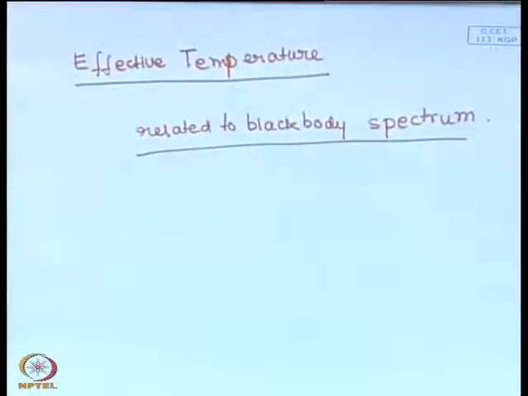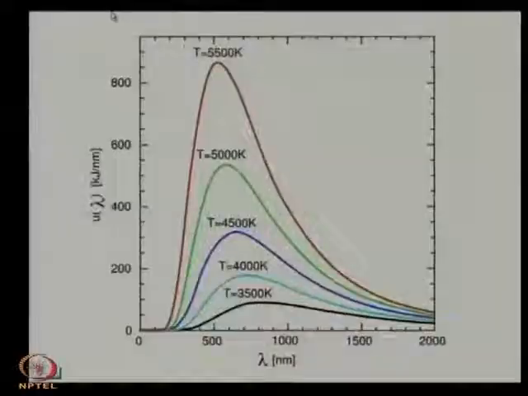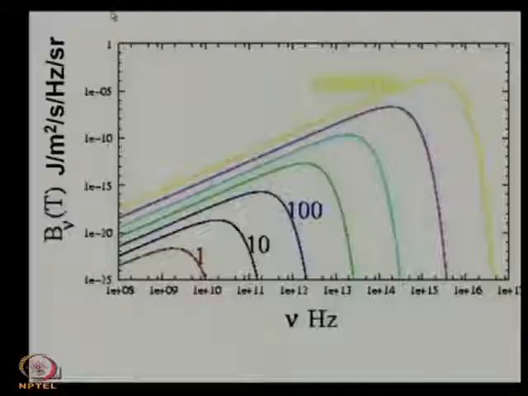And there are different effective temperatures which are used in astrophysics. So let me go through this. So one of them is called the brightness temperature.